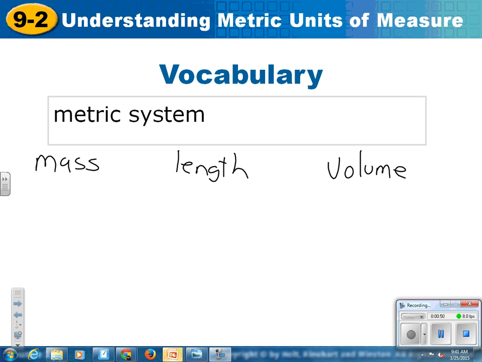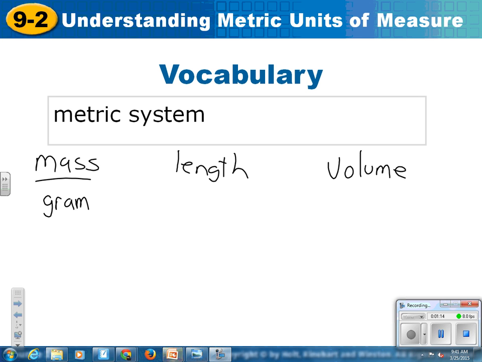So, mass. What you guys are used to when we talk about mass, or how much something weighs, you think of pounds. Well, the basic unit in the metric system for mass is not pounds, it's grams.